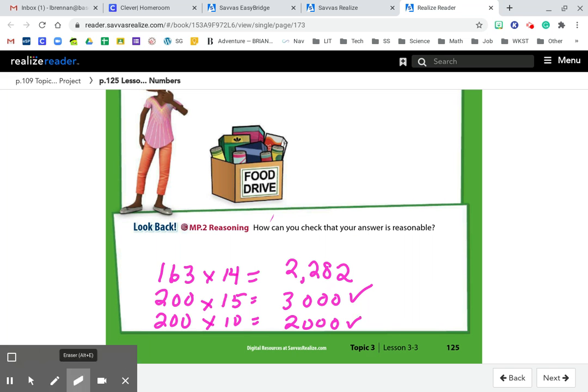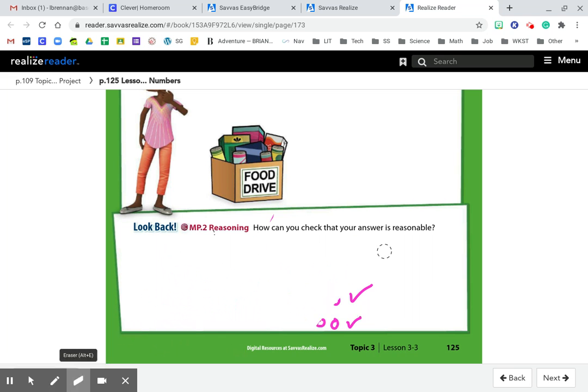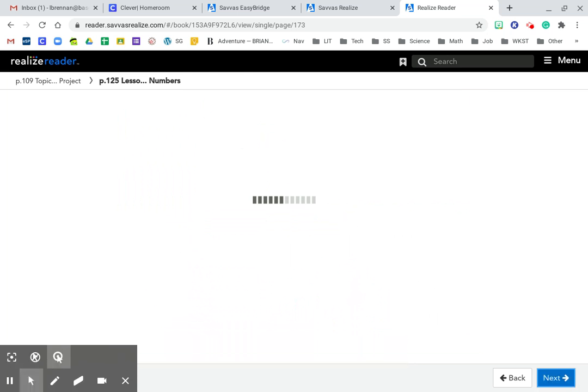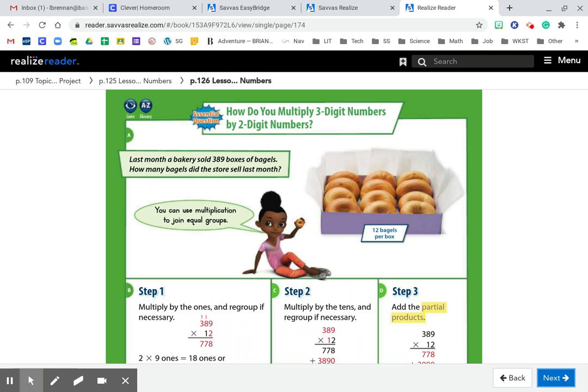So using estimation is really important in the multiplication chapter. Really important to estimate, because for a lot of you, going back and trying to remember how to multiply, you might need that extra reinforcement of using estimation.